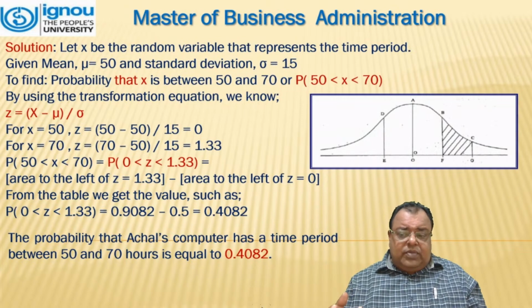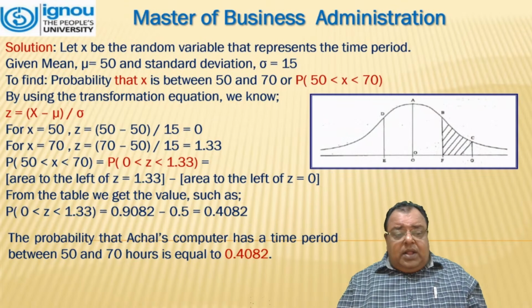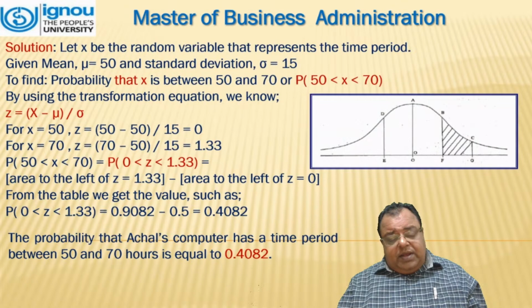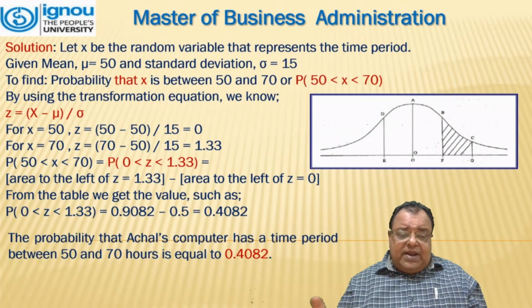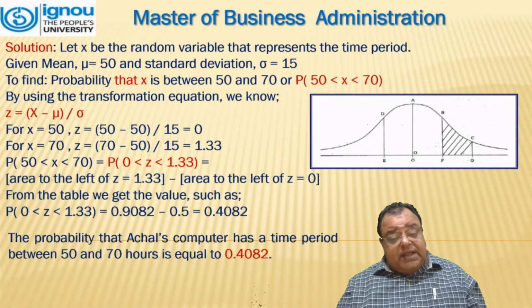Now, we will plot this on the z graph. Converting probability 50 less than x less than 70 in terms of z, it will be probability 0 less than z less than 1.33. That will be equal to the area to the left of z equal to 1.33 minus the area to the left of z equal to 0.